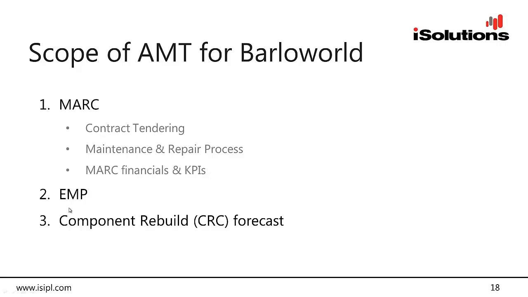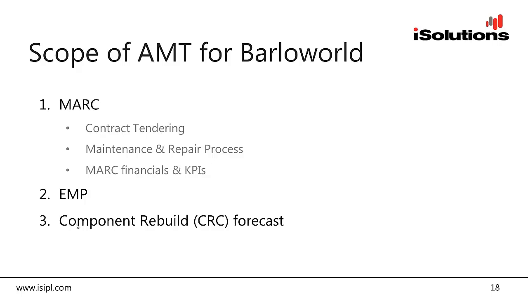The second main area is around EMP, and that actually goes hand in hand with the third area around the component rebuild forecast or CRC forecast, in that we really see it as one process, where your sales reps are monitoring and working with the customers to forecast their component requirements.